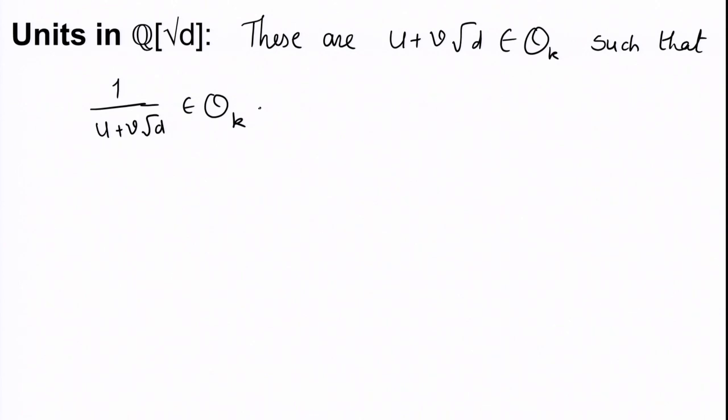This will then form a group of elements, because whenever you have a unit, multiplied by any other unit you are going to get a unit. Suppose alpha 1 is a unit and alpha 2 is a unit, then 1 upon alpha 1 is in OK, and 1 upon alpha 2 is also in OK. The product 1 upon alpha 1 into 1 upon alpha 2 is a product of 2 elements of OK, which is also in OK.